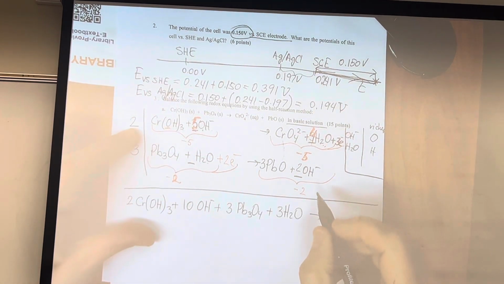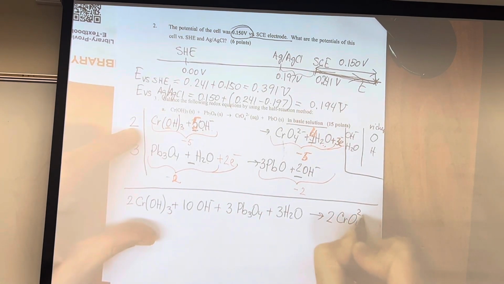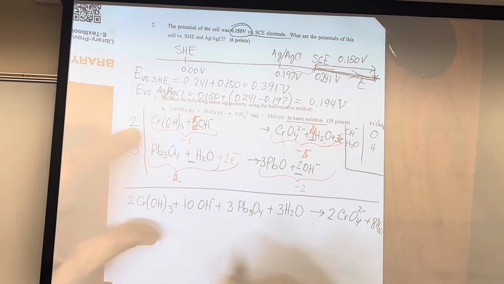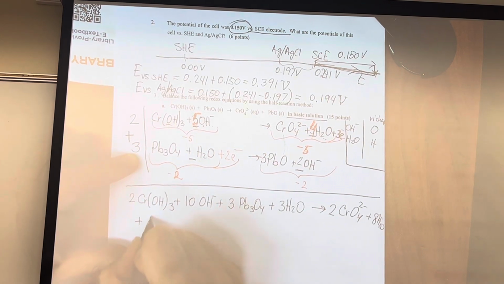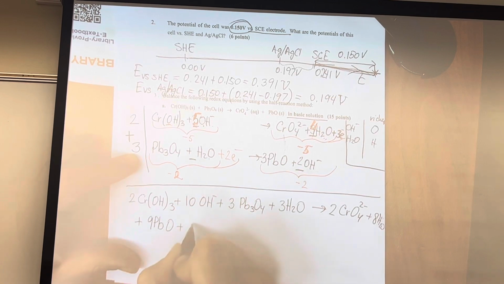On the product side, we will have 2 chromium O4 2 minus plus 8 waters plus 9 PbO and plus 6 OH minus.